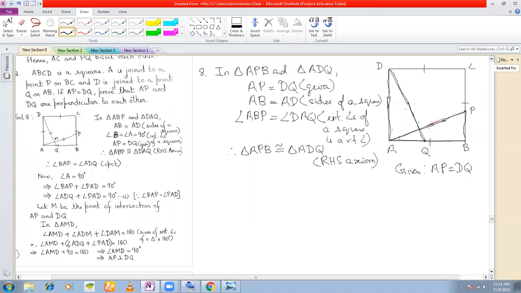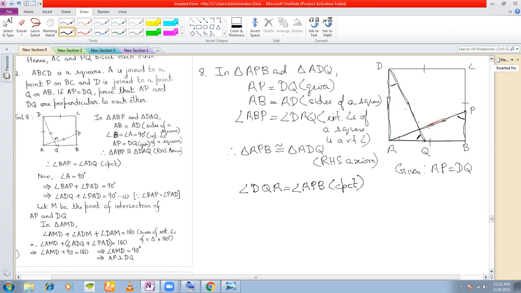By CPCT, you can say that this angle is equal to this angle. So you write angle DQA is equal to angle APB, by CPCT.